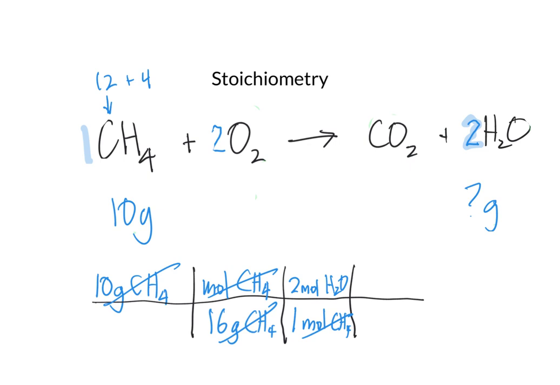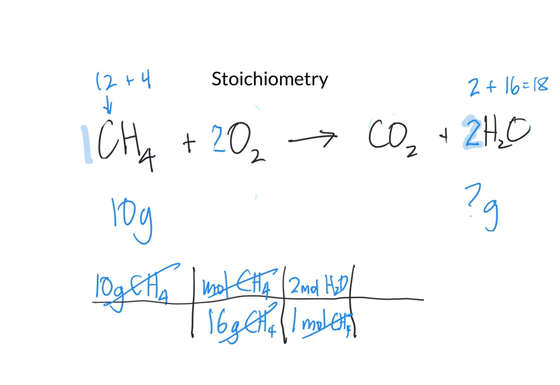Now I have one step left, and that is to get it from moles to grams. I'm going to use molar mass again. And again, hydrogen is 1, and I've got 2 of them. And then oxygen is 16. So that is a mass of 18. I'm finding all of those on the periodic table.